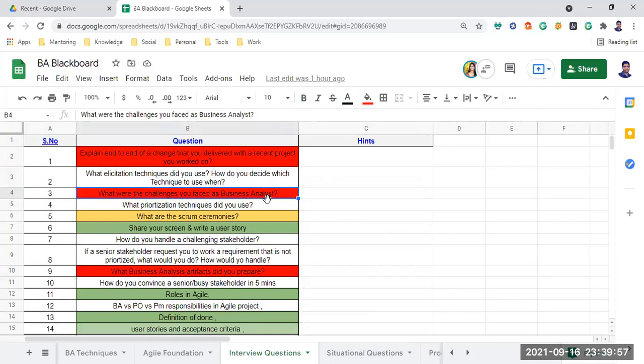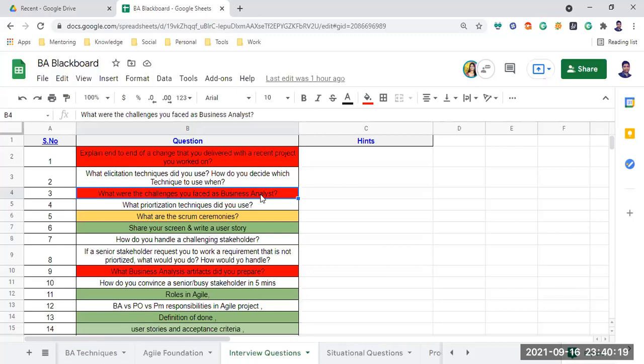So can you think of an answer for this question? What do you plan to answer? What are the challenges you faced as a business analyst? When people ask this question, you may not have actually worked as a business analyst, but you would have definitely performed some of the responsibilities of a business analyst.